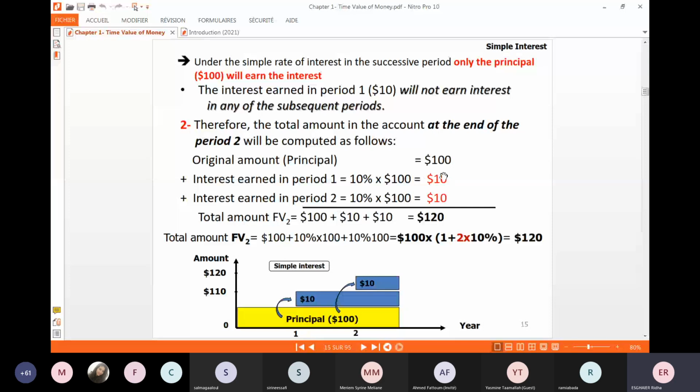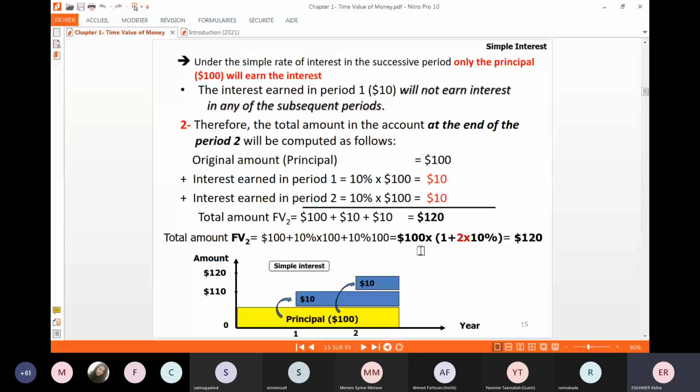Another 10, you will get 120. So the future value at the date 2, end of year 2, will be 100 plus 10% times 100 plus another 10% times 100, which gives us 100 times 1 plus 2 times the interest rate.